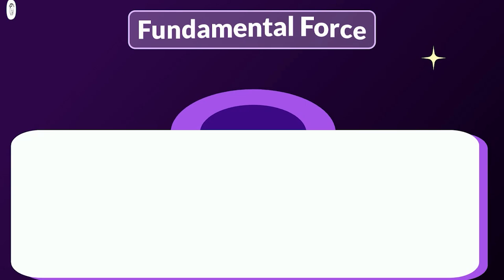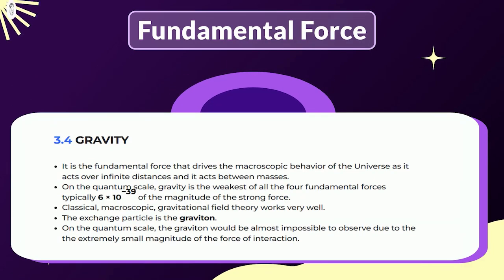Then comes the fourth fundamental force, which is gravity. Okay, so gravity, if you remember, is the fundamental force that drives the behavior of the universe. Gravity is one of the weakest of all the four fundamental forces, typically about 6 times 10 raised to power minus 39 of the magnitude of the strong force.